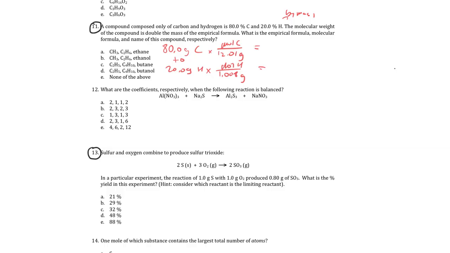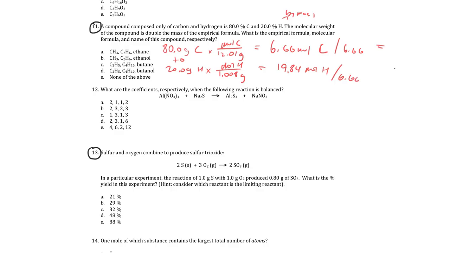And so that'll give us 6.66 moles of carbon, 19.84 moles of hydrogen. Let's divide both of these by the smaller number.